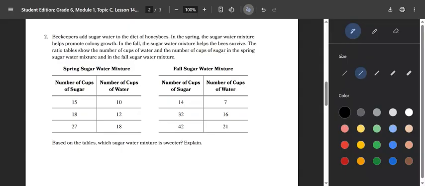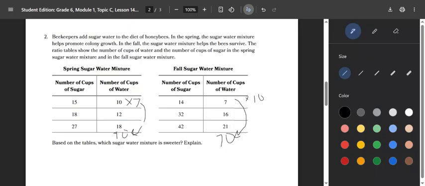So if I take this 10 and I multiply it by 7, that'll give me 70 cups of water. Now I don't have a 70 on this side, but if I take the 7 and I multiply it by 10, I'll get 70 cups here. So I'll have 70 cups of water in both mixtures.